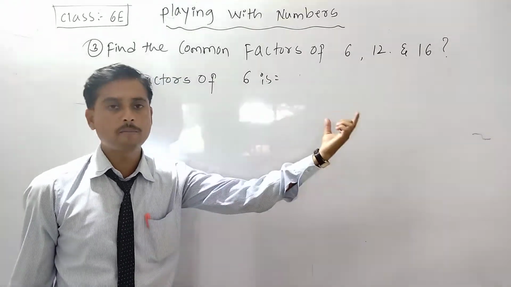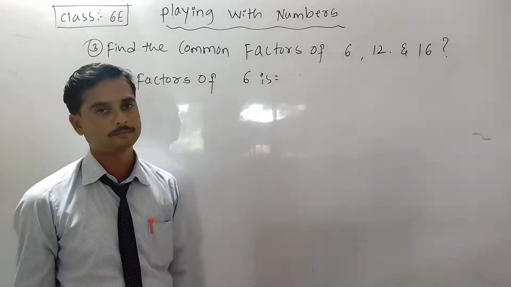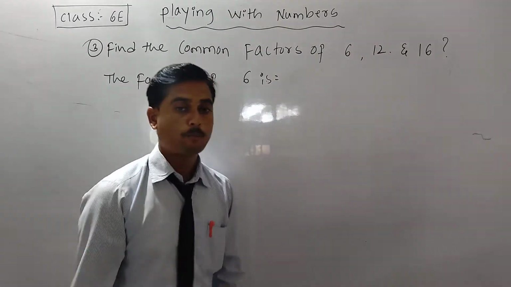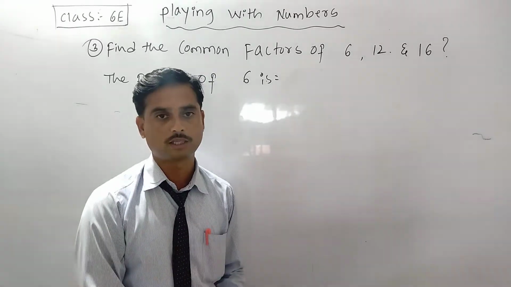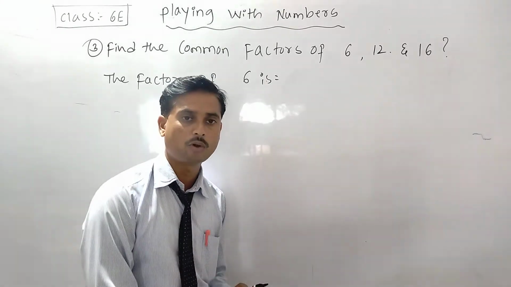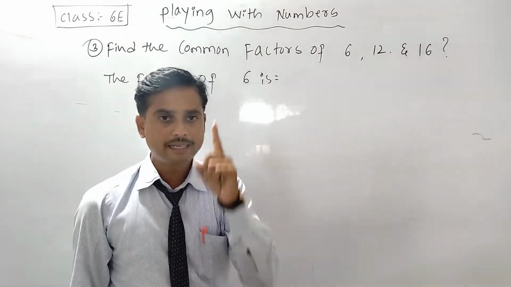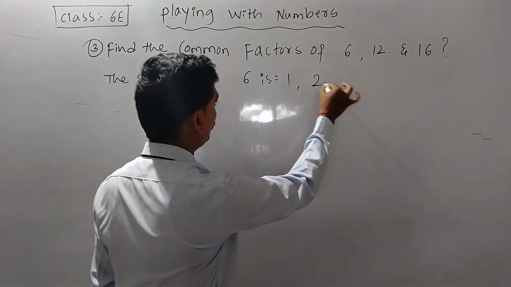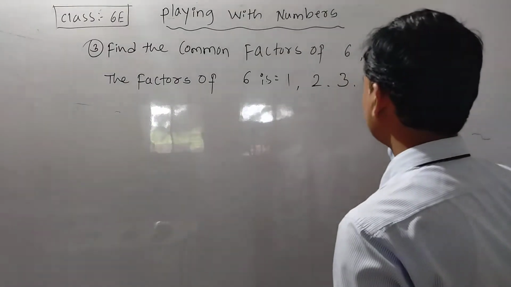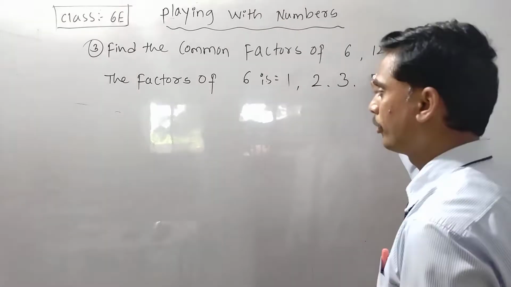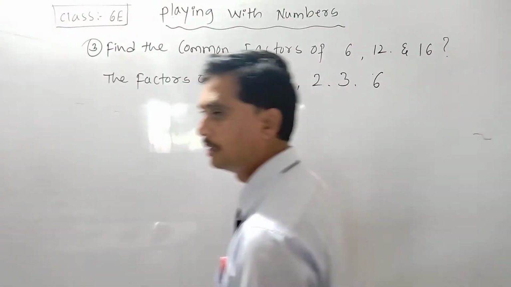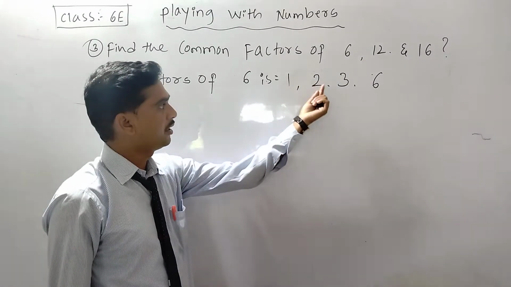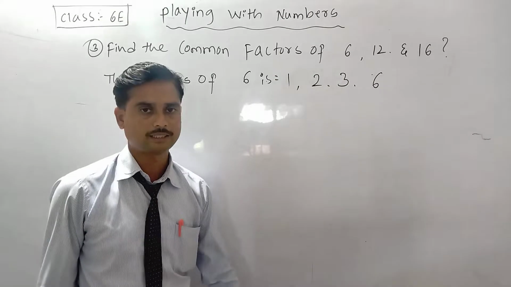That gives all the factors of 6. 1 is a factor of all numbers. Remember, that is a very important point. 1 is a factor of all numbers. 1, 2s are taken, halves, 3s are also, 4s are not half, 5s are not half, 6s are. Yes. The factors of 6 are 1, 2, 3 and 6.